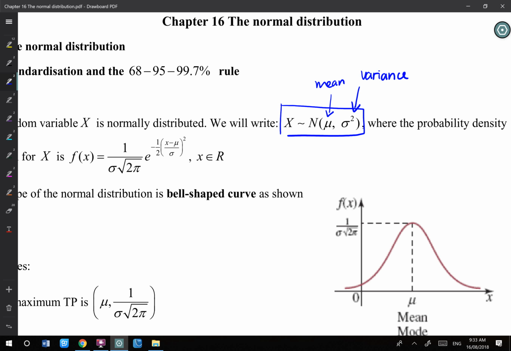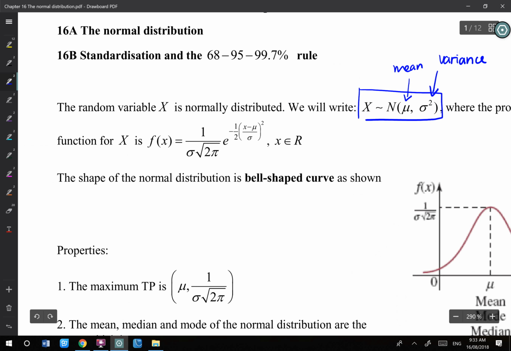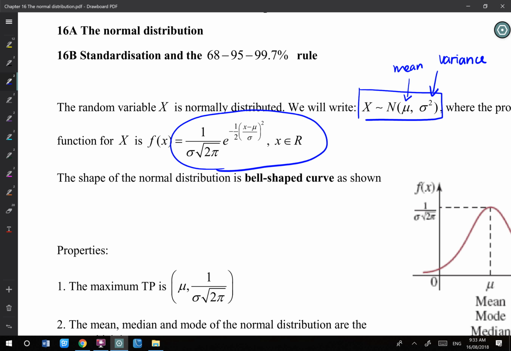So what you put in the bracket is sigma squared, where the probability density function for x is given by that. Okay, a fantastic equation. Have a look at that. Well, you know what our density function looks like, right?